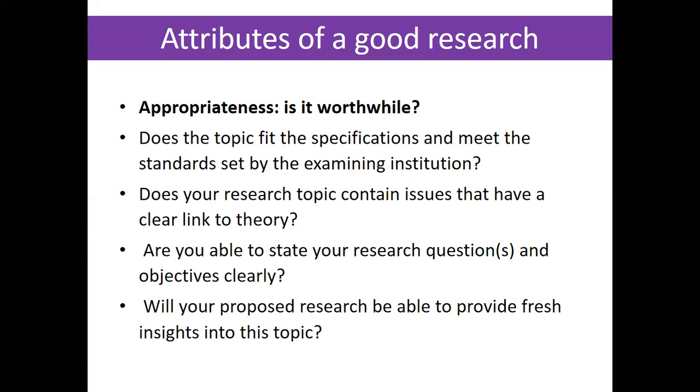Does your research topic contain issues that have a clear link to theory? It's very important that you link your work to a certain theory, where other senior writers, we can say, have come out with some cause and effect variables saying that this causes that and all of that.